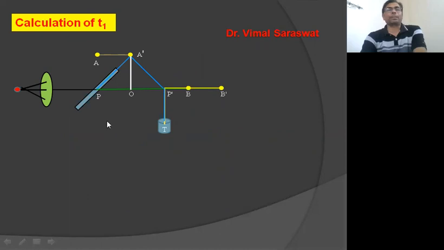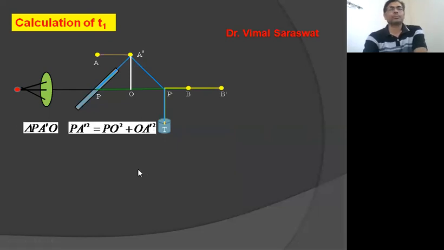This perpendicular is A dash O. Now in triangle P A dash O, P A dash squared is equal to PO squared plus O A dash squared. Now the instrument is moving with velocity v, so PO will be v into t.